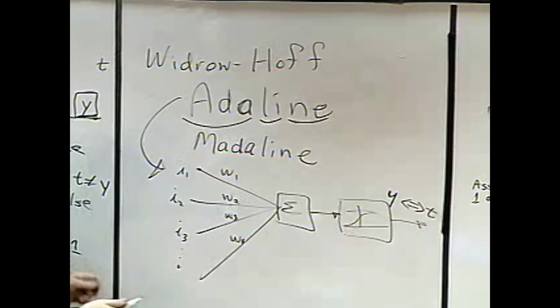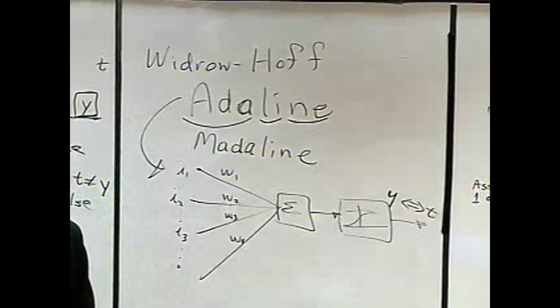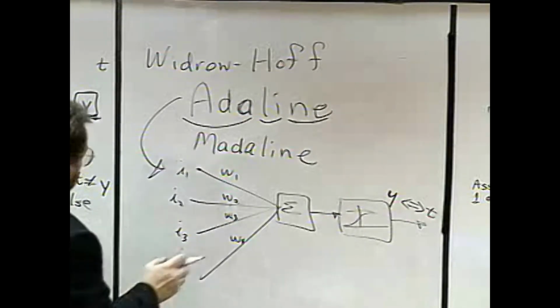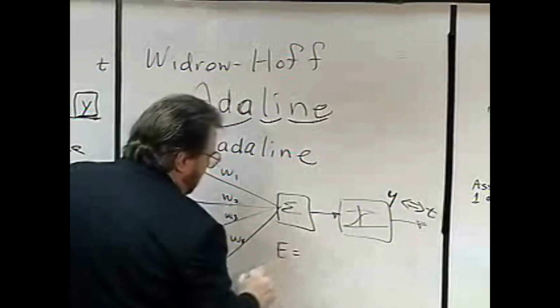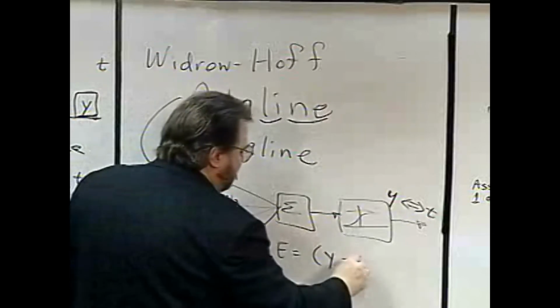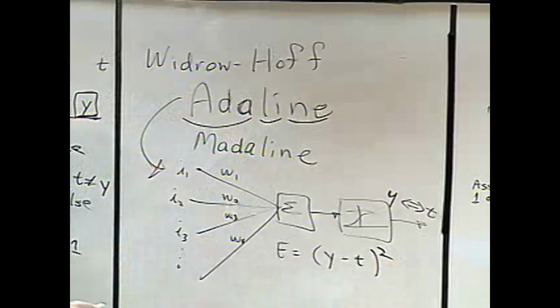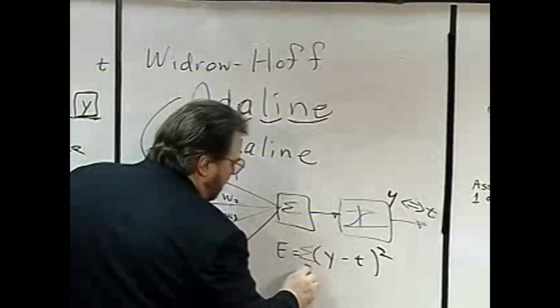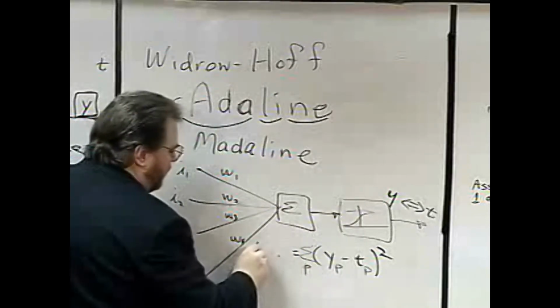Now, for the case of Widrow, we have an error associated with the function, and this error is equal to, let's just say, the sum over p of y sub p minus target sub p, squared. And this error is a function of the weights.